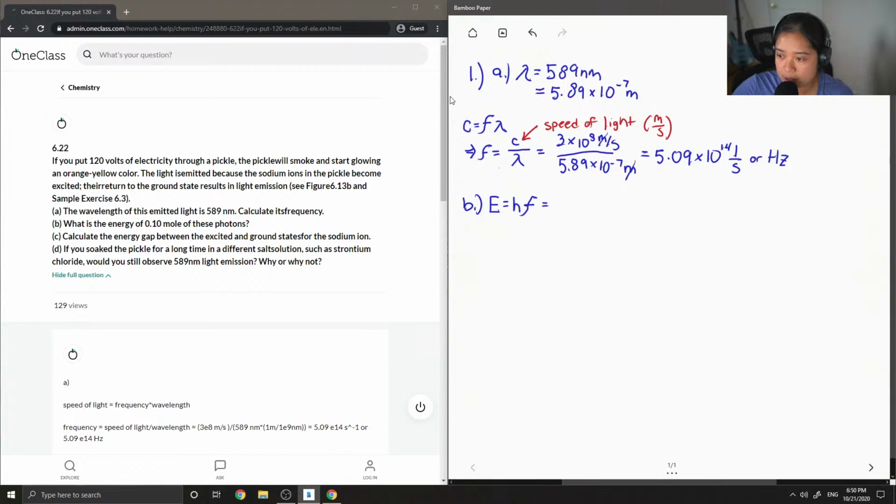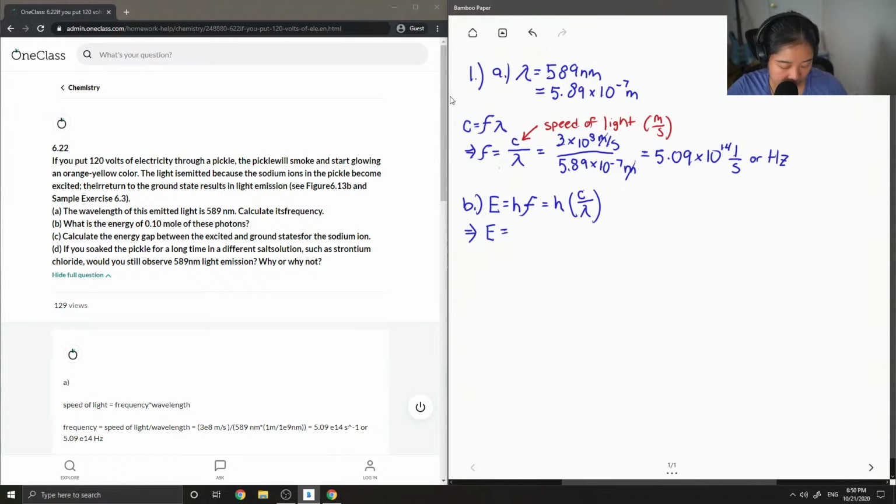But if you wanted to see what this equation looked like if we didn't calculate for it, it would be energy equals Planck's constant times the speed of light over wavelength. But in our case, we're lucky since we know the value for frequency.